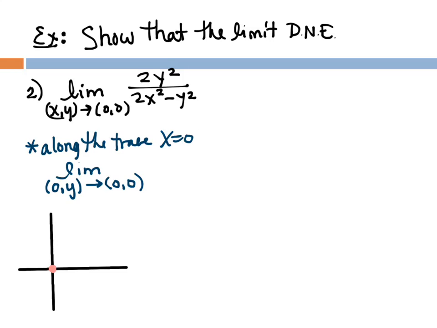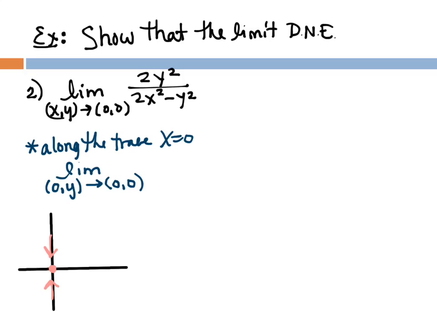We're going to approach that value along the path where the x value is already 0, which means where are we on our picture? On the y-axis. So we're limiting our viewpoint to approaching this from one of the directions along the y-axis. That's how we're approaching it. We're fixating on that particular approach.